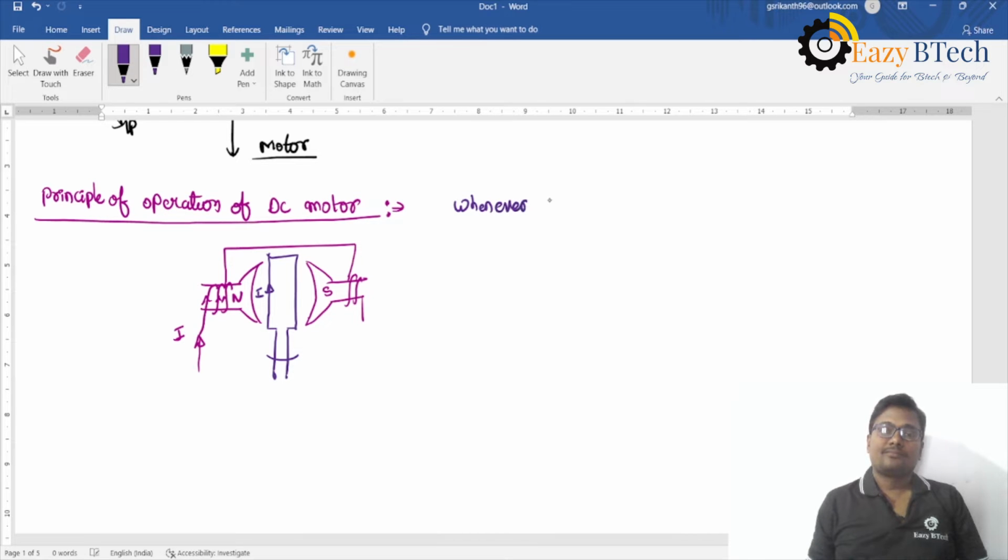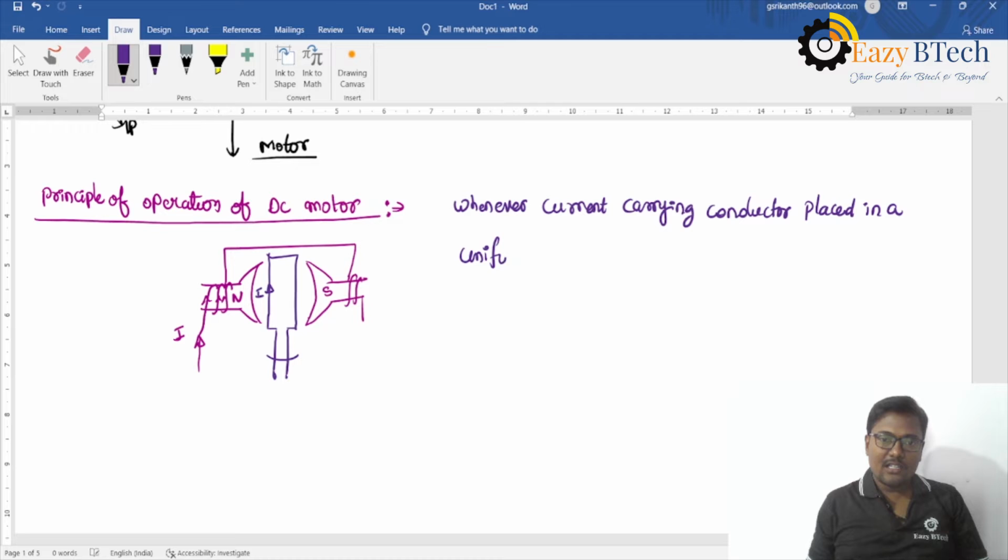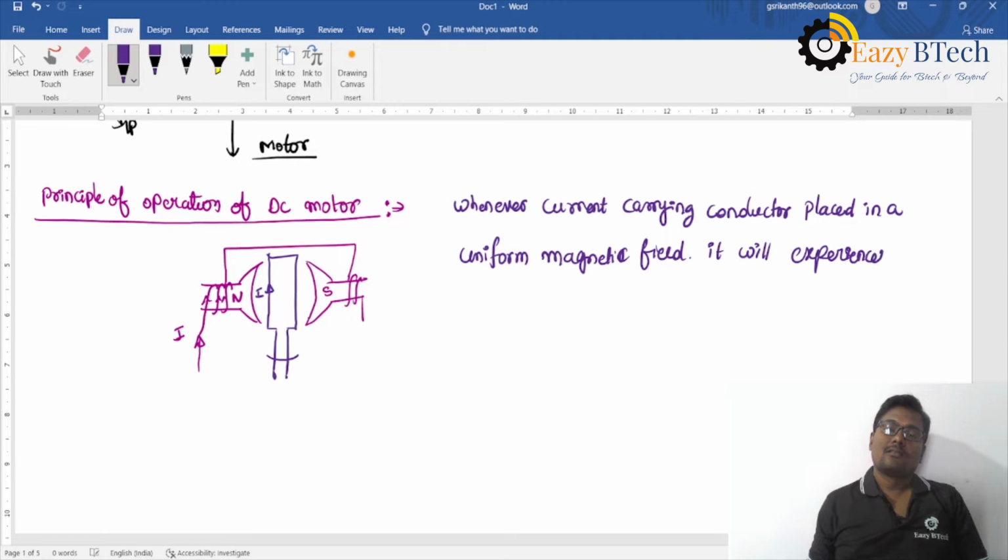Whenever a current carrying conductor is placed in a uniform magnetic field, or a steady magnetic field produced by the DC supply, it will experience a force.